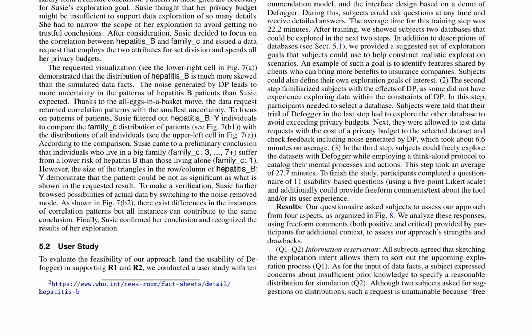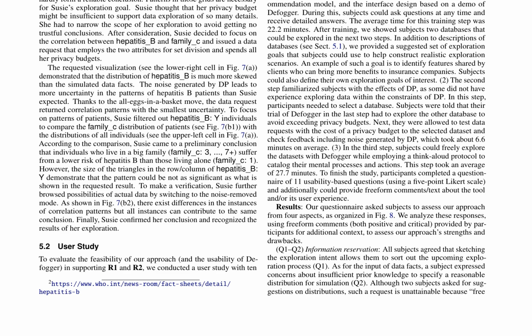A user study was conducted to evaluate the feasibility and usability of the Defogger system. 10 participants with a graduate-level course in data visualization and experience with interactive visual analysis tools participated in the study. The participants were given a tutorial on Defogger and then explored two databases using the system. The results show that the participants were able to use Defogger effectively to explore the data and identify correlation patterns.